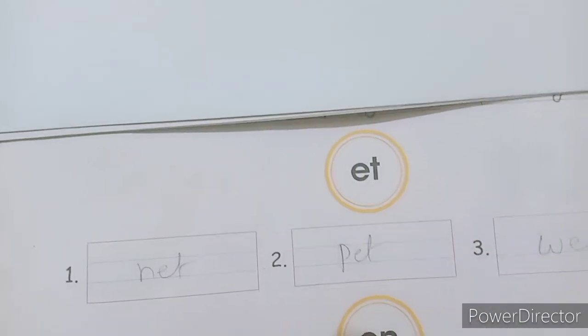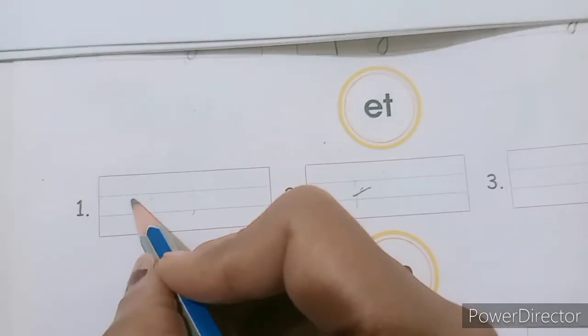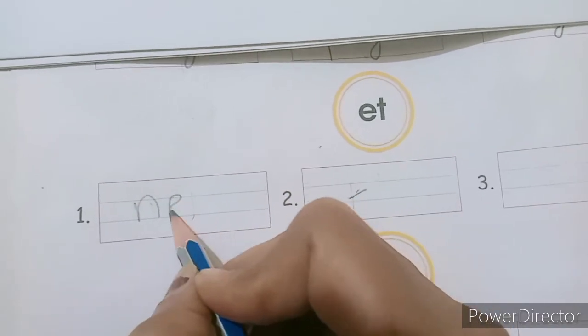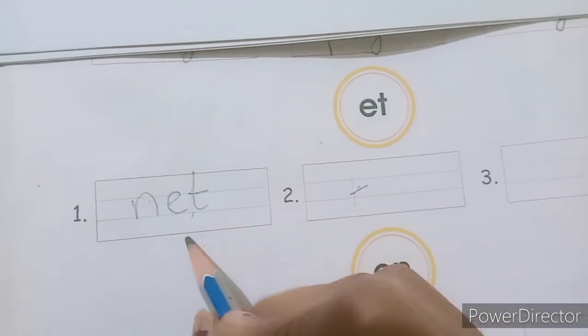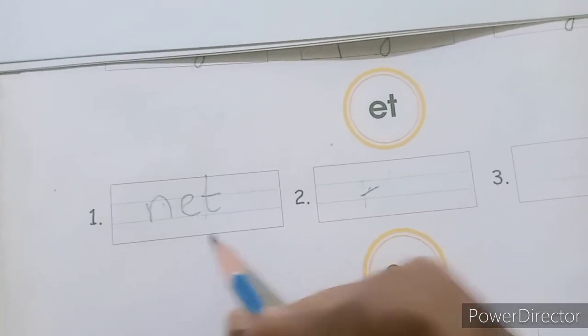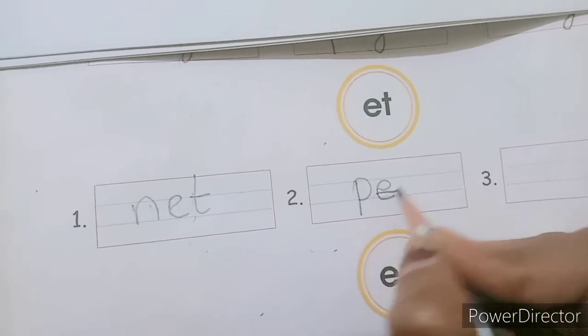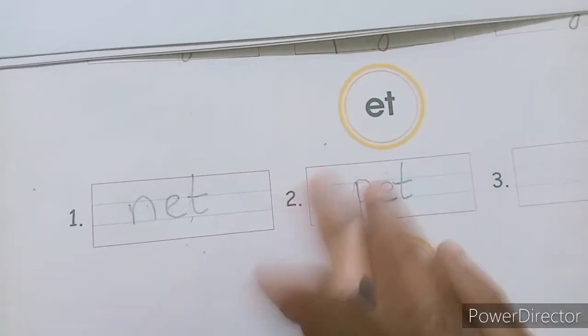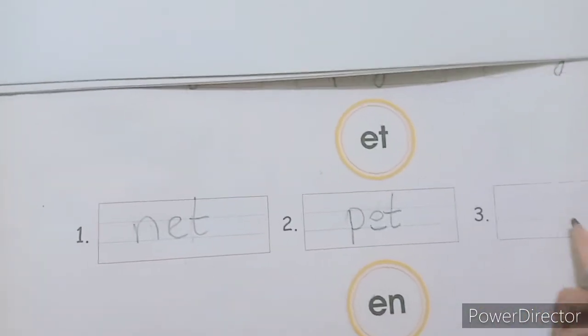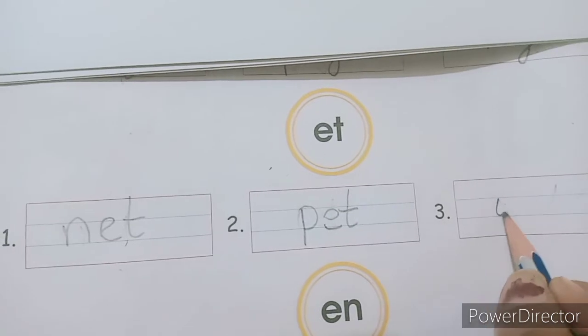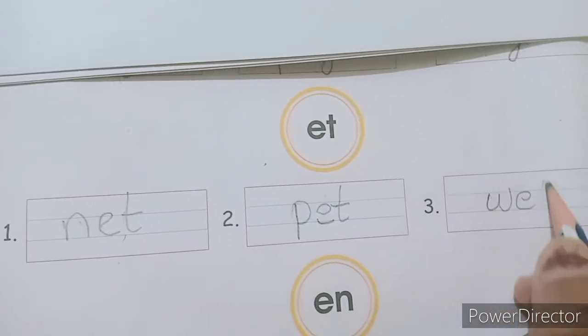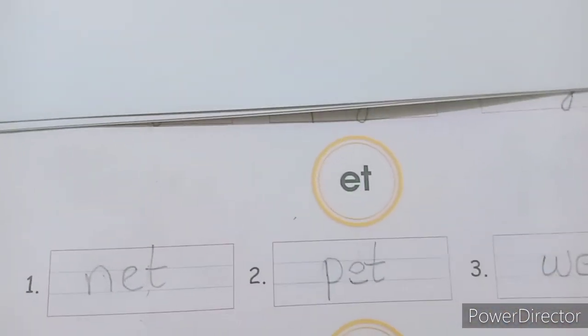In E-T we have to add one more alphabet, that is, we have to write here N-E-T, net. Okay. Then P-E-T, pet. And third, W-E-T, wet. Okay. By this way you have to complete this line.